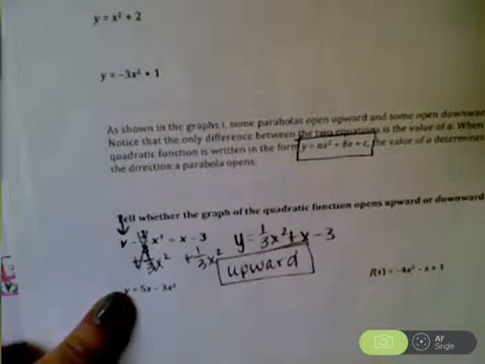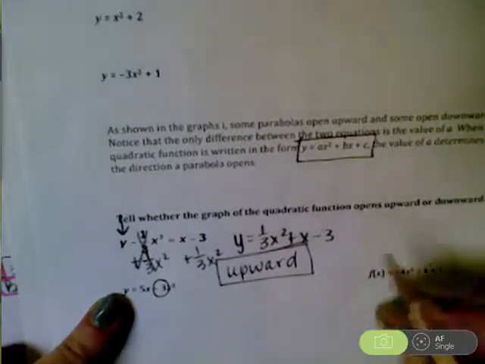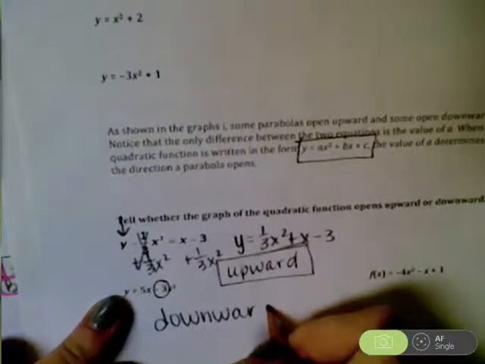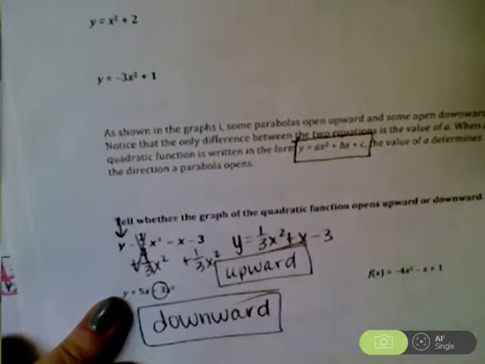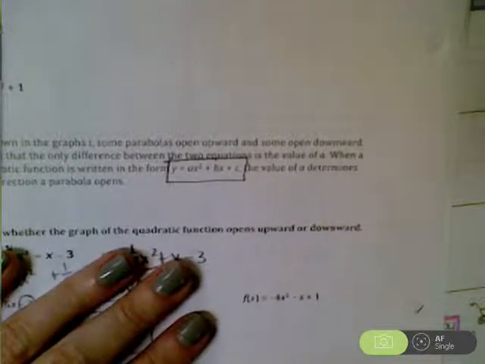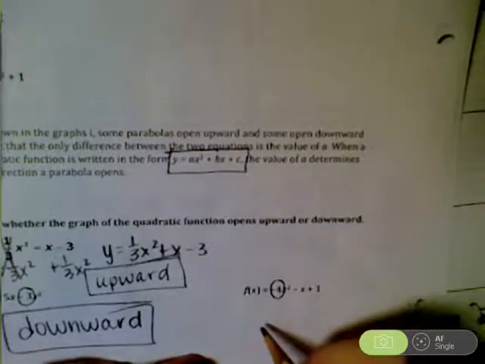Good, -3, which means this parabola is going to open downward. What's the value of a in the third example? -4. Good, which means this parabola is going to open downward.